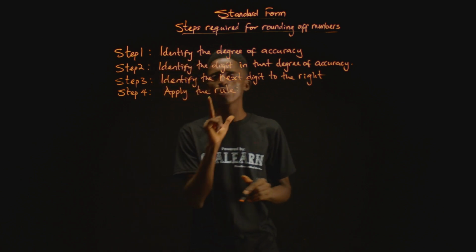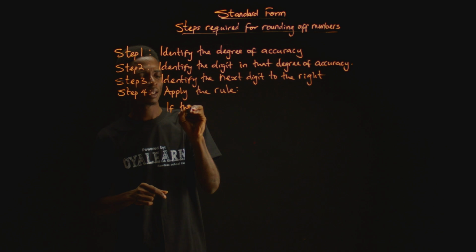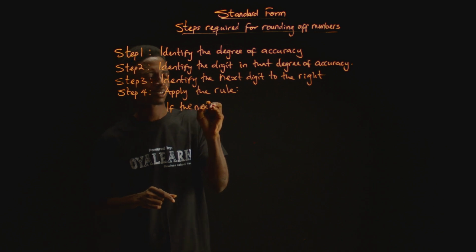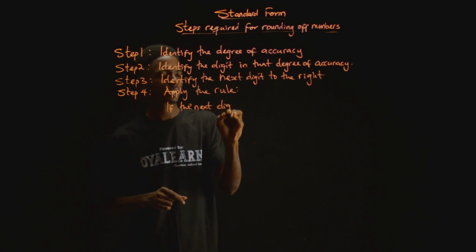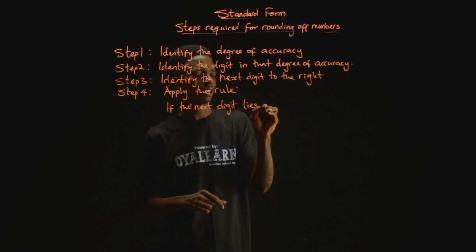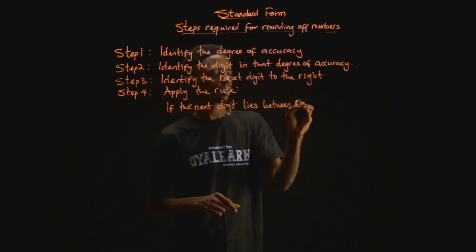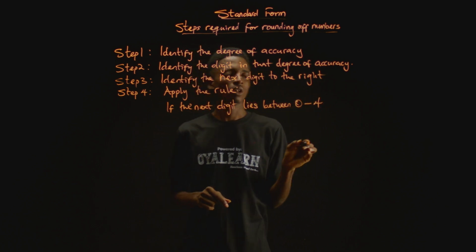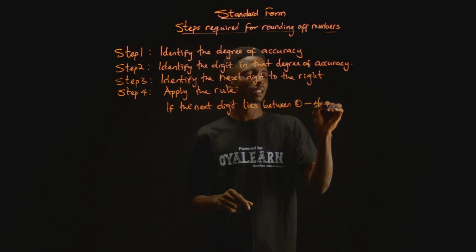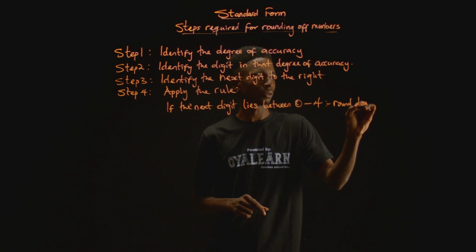Now, the rule you're going to apply is this. If the next digit lies between 0 to 4, what you do at this point is you round down.